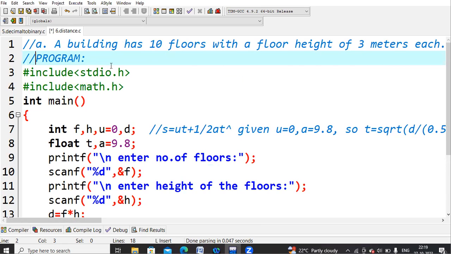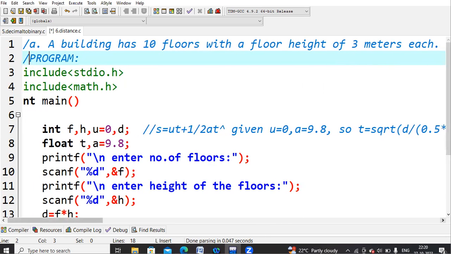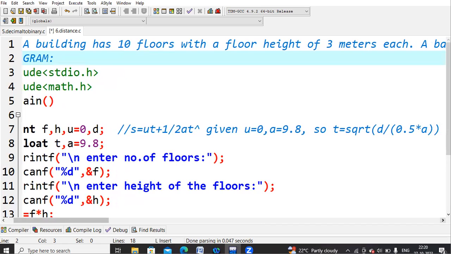Starting with #include stdio.h, I am also including the math.h header file because I want to find the t value, that is the time taken. When using this formula, we don't know the value of t. So in order to calculate t, the formula is t = square root of distance by 0.5 into acceleration.